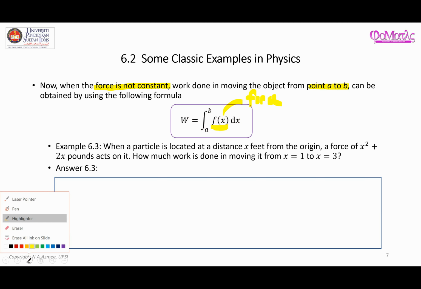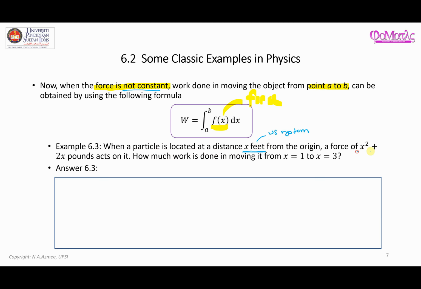We are going to look at the first example here related to the scenario where the force is not constant. So in this example, a particle is located at a distance which is x feet from the origin. Notice that the distance unit is in feet, so you're talking about the US system.